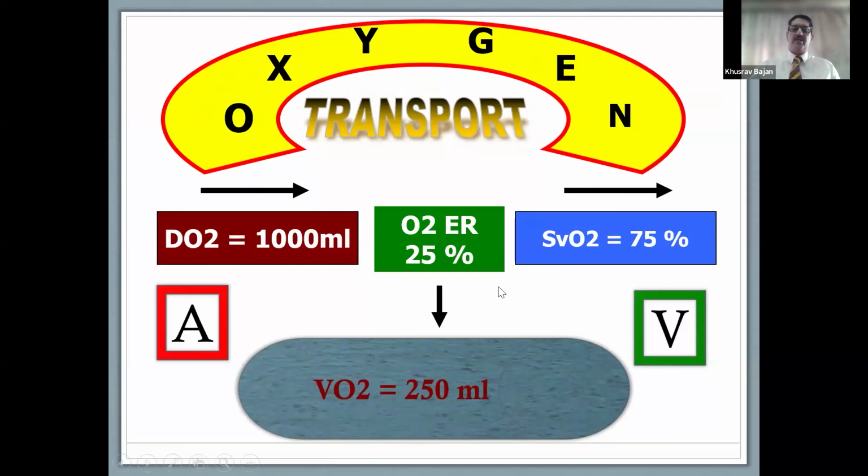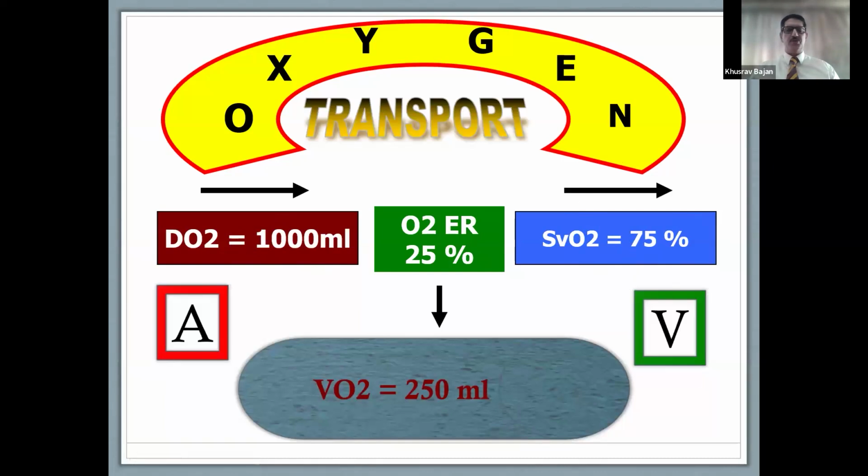This is the tissue level here, which is the VO2. Now, just by looking at the ScvO2 or the SvO2, it will be high in patients who have a high DO2 and low extraction. Or it would be low if the delivery or cardiac output is low and the extraction is high. So this is kind of an understanding.